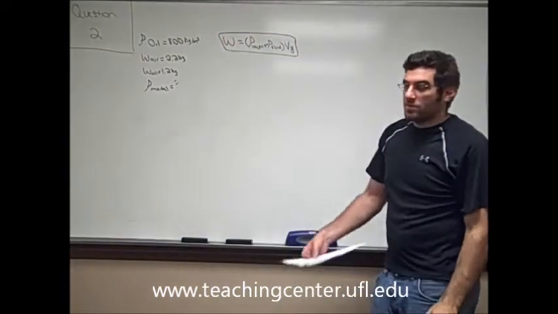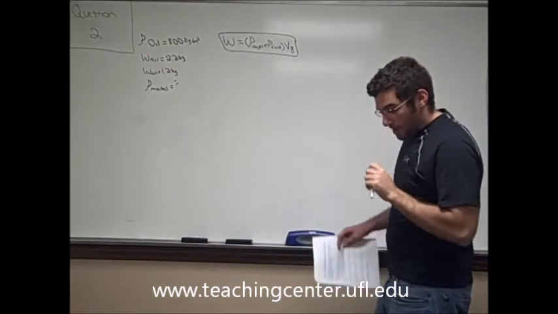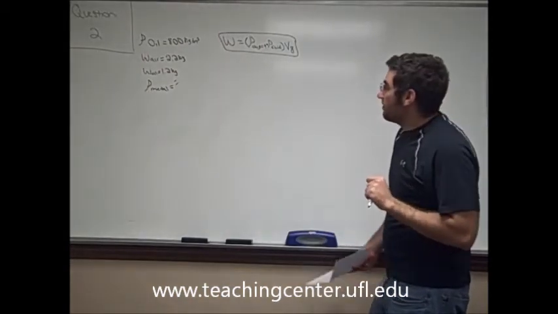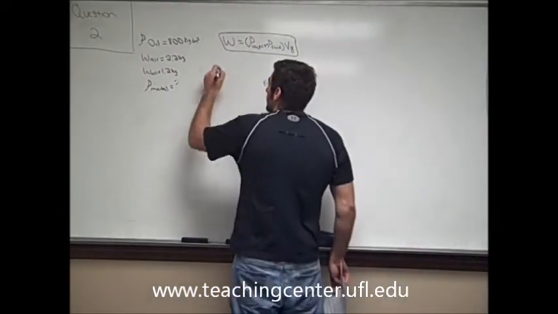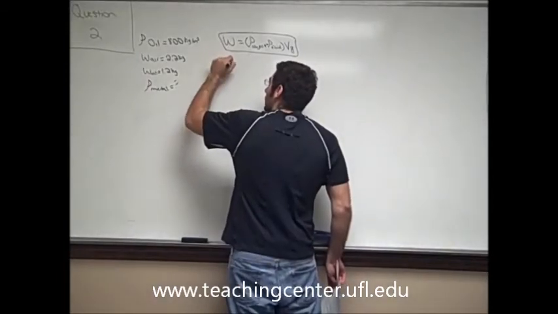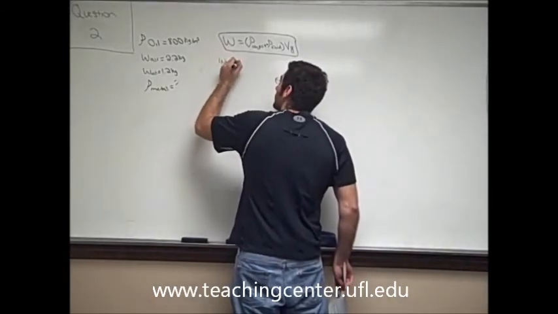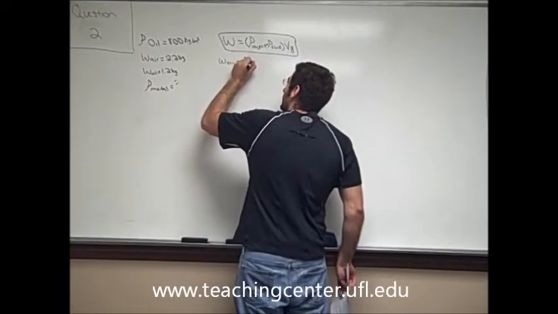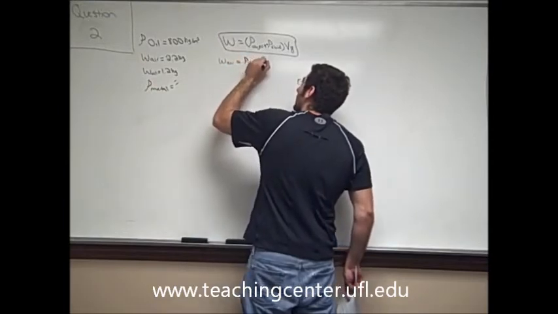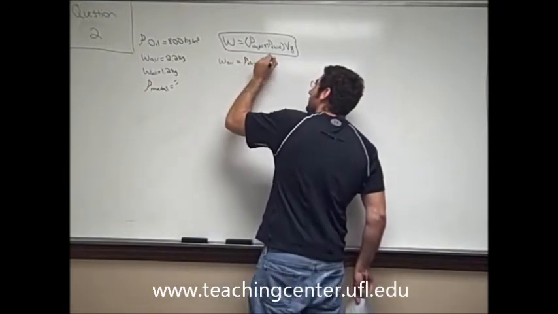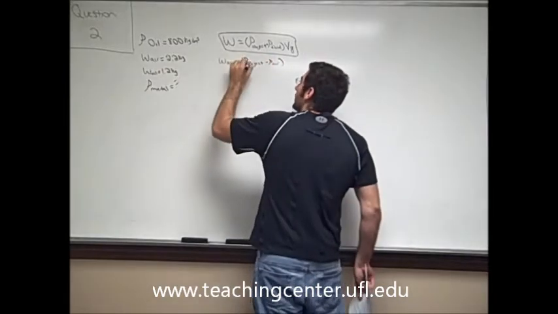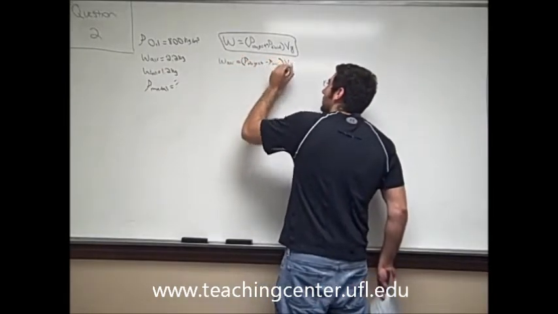And we actually have to use it twice. We have to use it once for air, and then once for when it's in the oil. So we have to say the weight in air is equal to the density of the object minus the density, air is a fluid, times the volume times gravity.